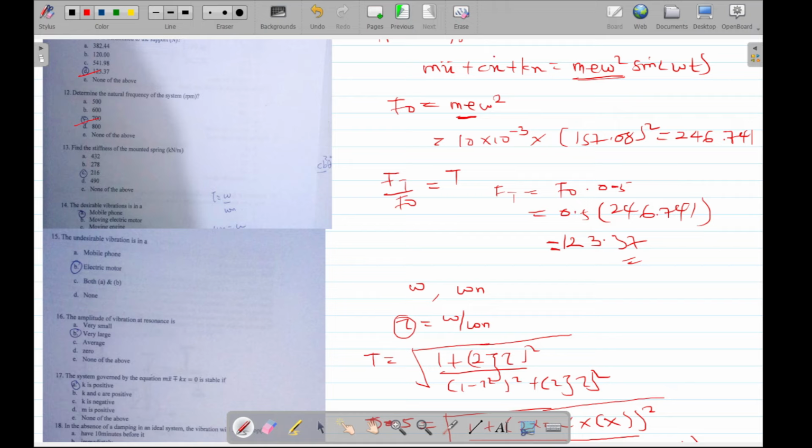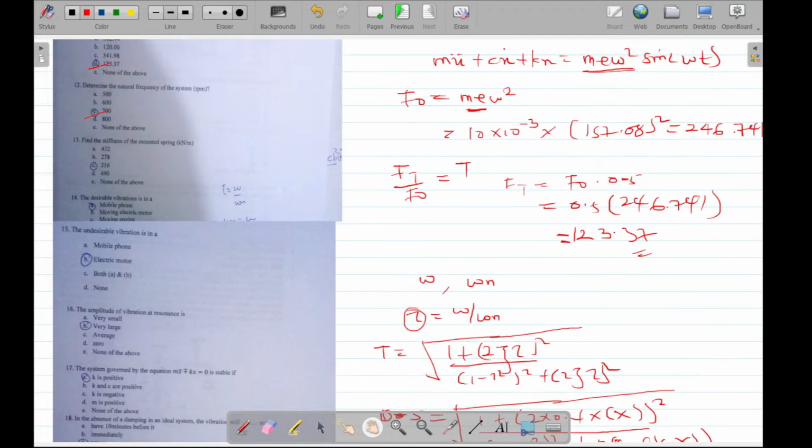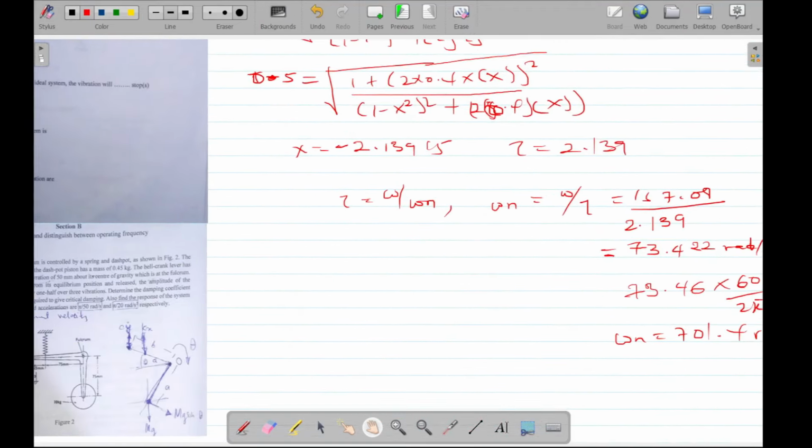Now find the stiffness of the mounted spring. We know that omega n is equal to root of K over m, and K is what you are looking for.